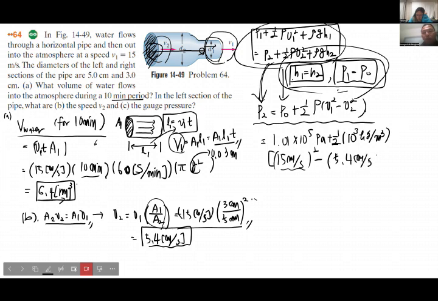You square it and plug the numbers into this formula, then that should be 1.99 times 10 to the 5 Pascal.